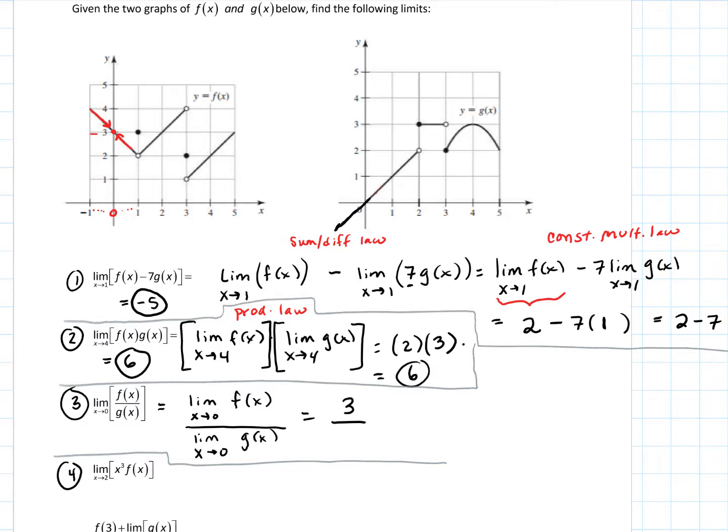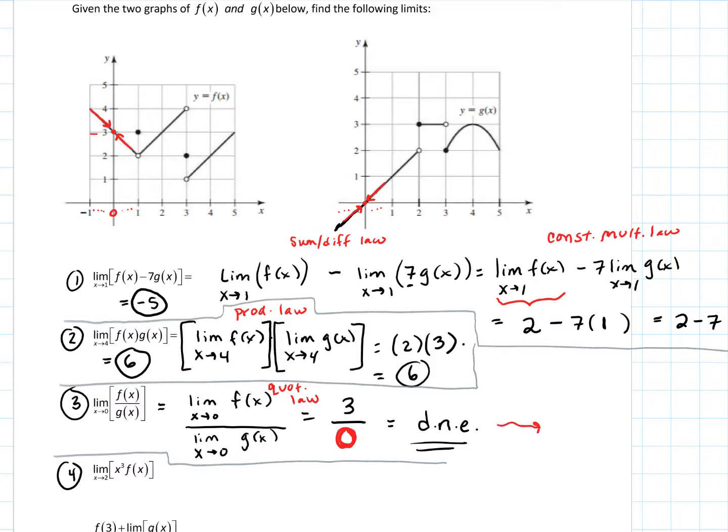Coming from the left and from the right, notice that right here, the function is actually approaching 0. And I'm going to put that in red because division by 0 is a problem. And so what we would have to say right here is that this does not exist. We are applying that quotient law right here, but we don't meet the stipulation.